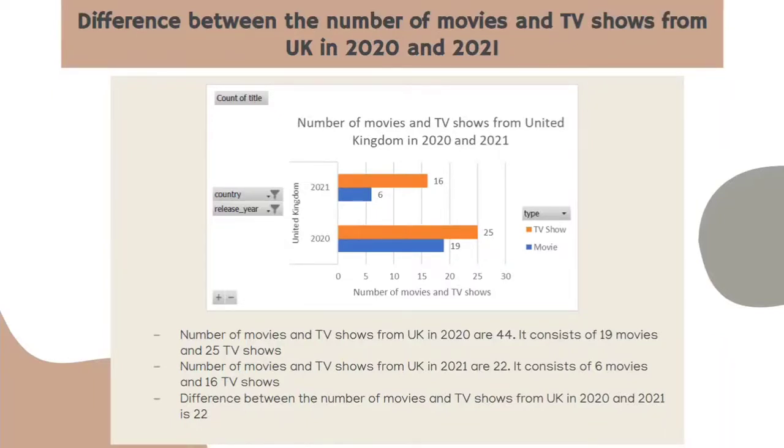The number of movies and TV shows from UK in 2021 is 22. It consists of 6 movies and 16 TV shows. The difference between the number of movies and TV shows from UK in 2020 and 2021 is 22. Next slide.